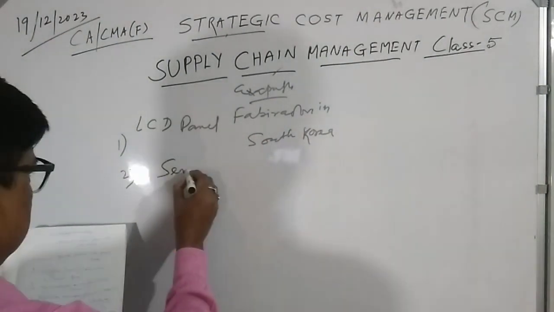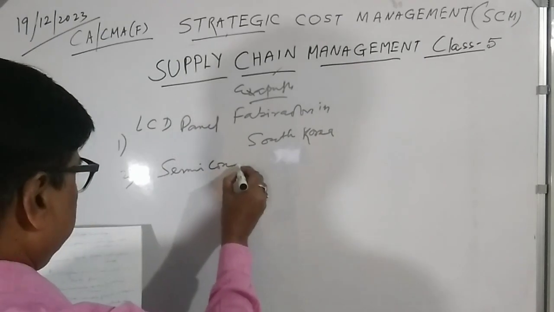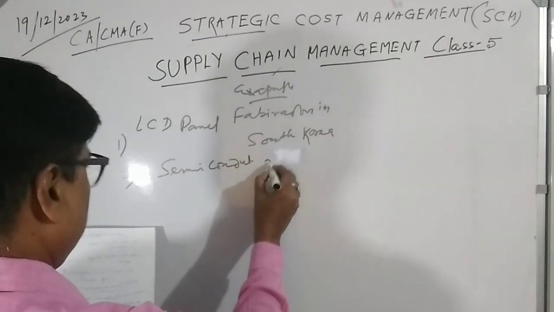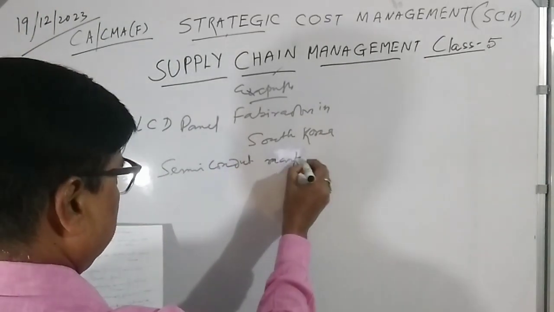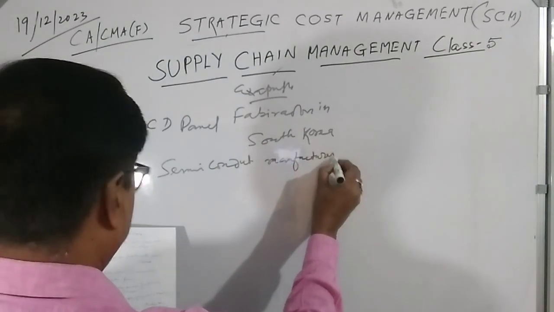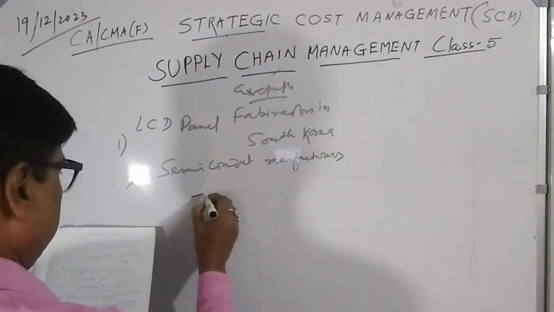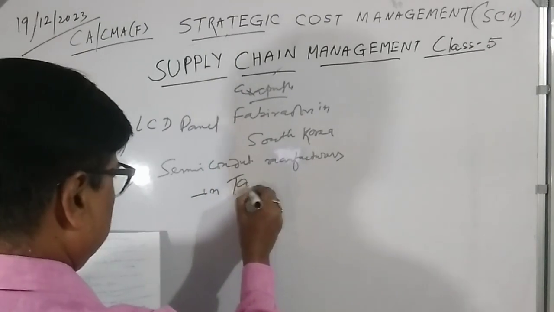Number 2, semiconductor manufacturers in Taiwan.